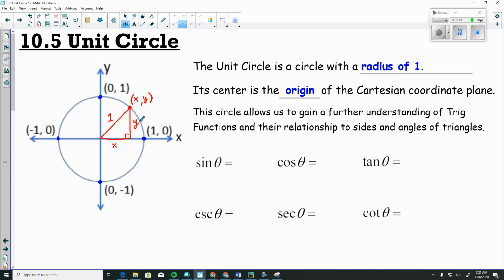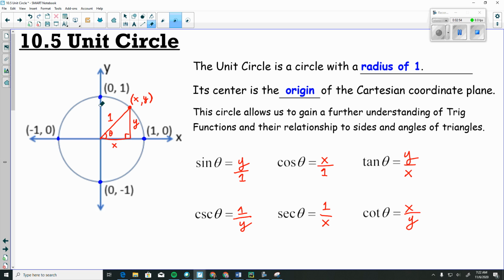If we were working with this triangle, what would the trig functions be for this angle theta? Sine would be opposite over hypotenuse, so that's y over 1. Cosine would be adjacent over hypotenuse, and tangent would be opposite over adjacent. Then we have all of our reciprocal trig functions, which are just the same thing but flipped around: 1 over y, 1 over x, and x over y.